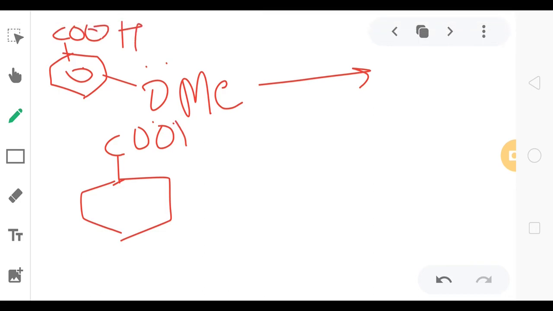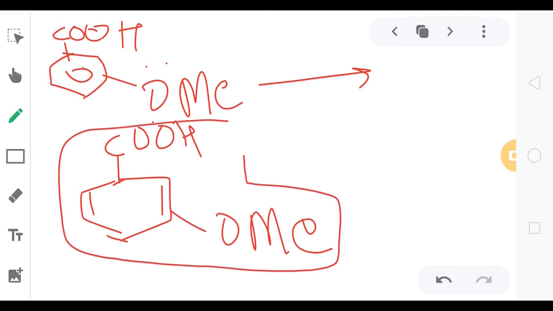Okay, so COOH and OMe. We know very well that in terms of COOH, we have to make the double bond in this way. Also, we know very well that in terms of OMe, we have to make the double bond in this way. In this way only. So this is your final product.